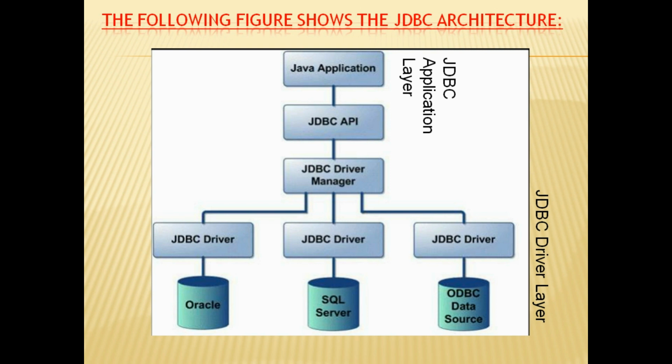After that we have the JDBC driver manager, which comes under the JDBC driver layer. In this JDBC driver layer we have three different components: the JDBC driver manager, the JDBC driver, and the different types of vendors. The JDBC application layer has two components: the Java application and the JDBC API.